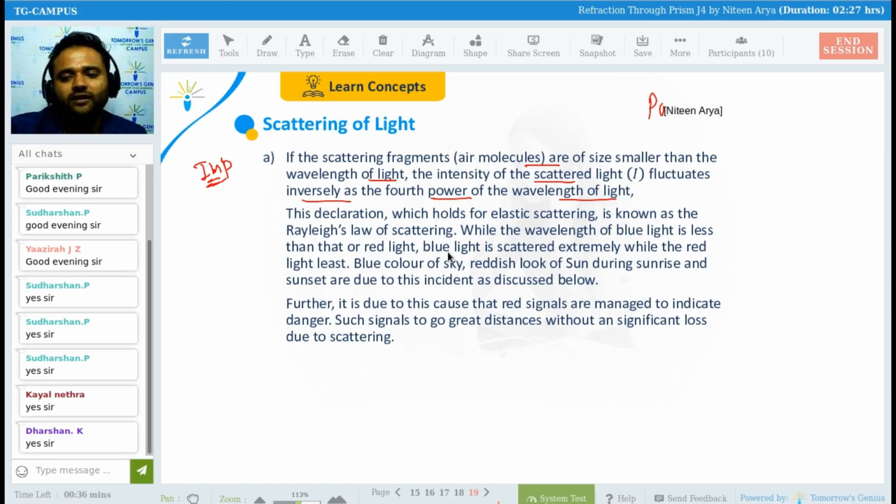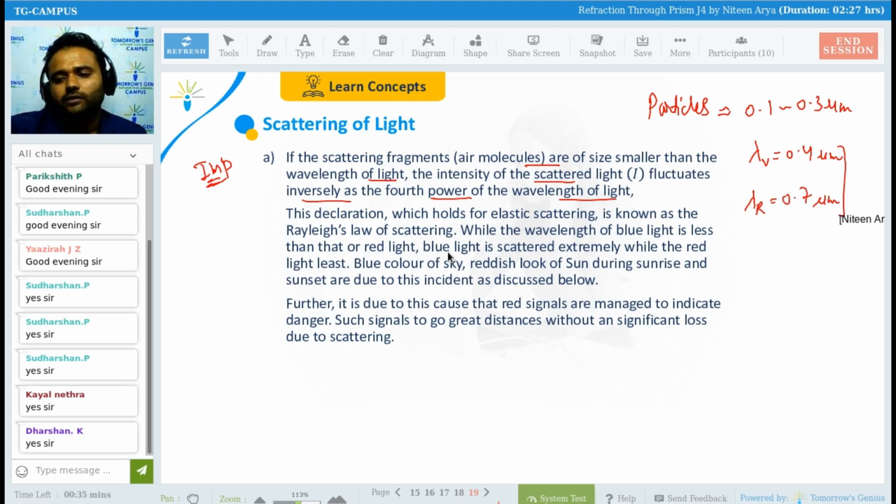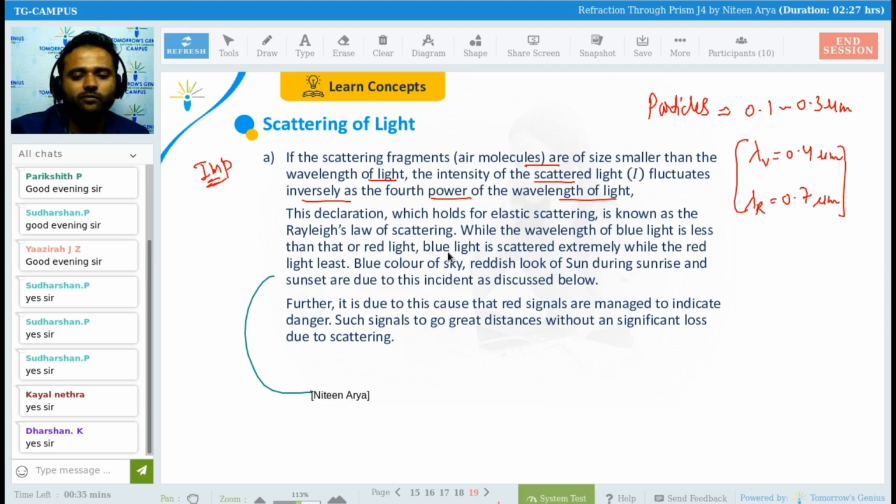Means if the particles are of the order of 0.1 to 0.3 micrometer, because the wavelength of violet is 0.4 micrometer and the wavelength of red is 0.7 micrometer, then the intensity with this Rayleigh scattering formula is going to be I proportional to 1 upon lambda to the power 4.